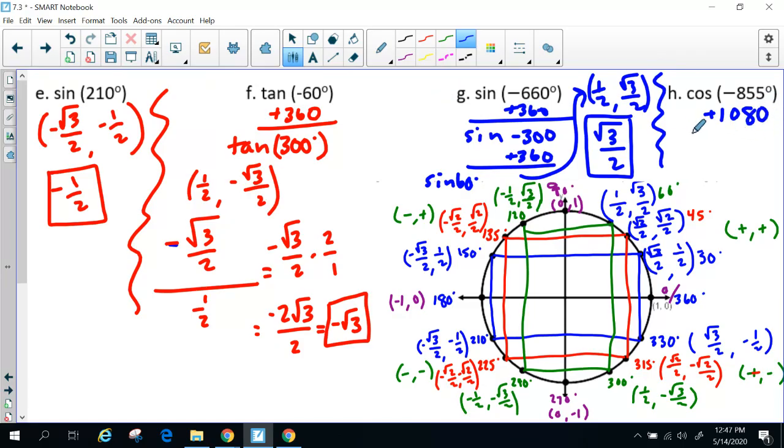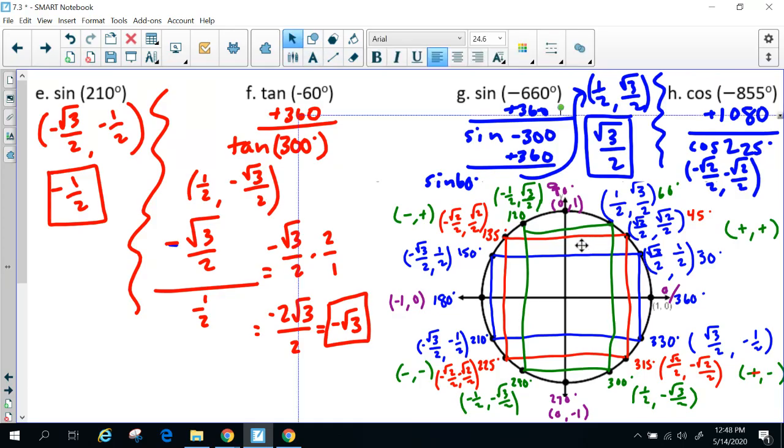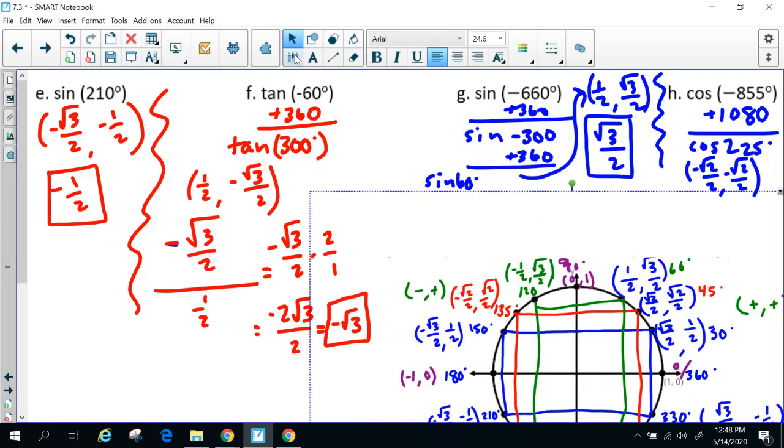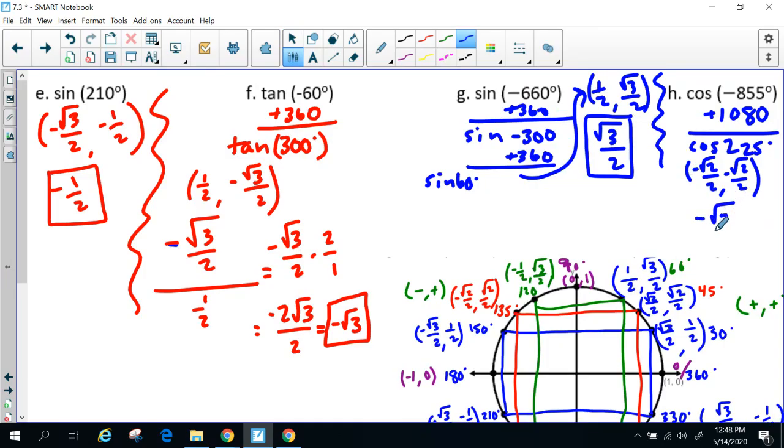Then it ends up being the same as the cosine of 225. So if I rotate 225 degrees, I see we're at negative root 2 over 2, negative root 2 over 2. And cosine is just that x-coordinate. So we'll just say negative root 2 over 2 for our final answer.